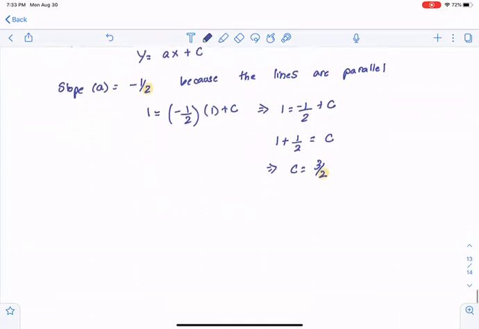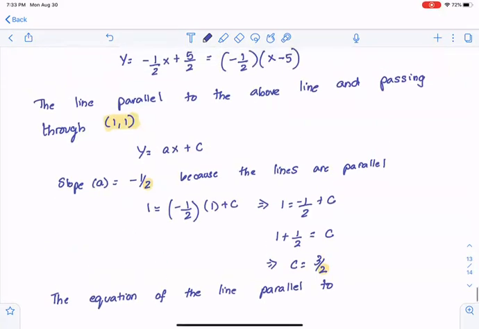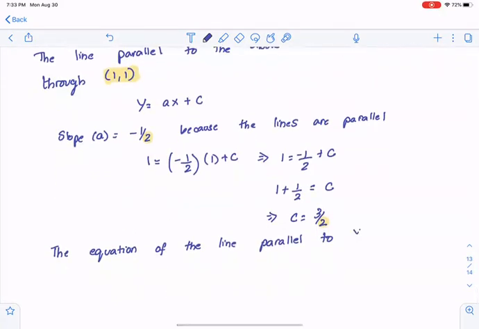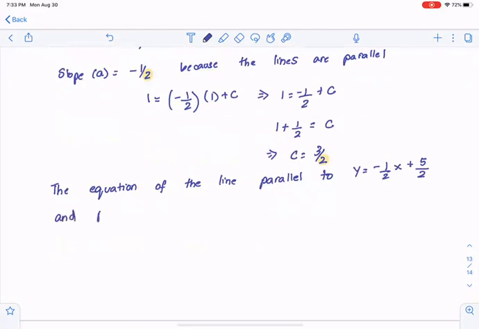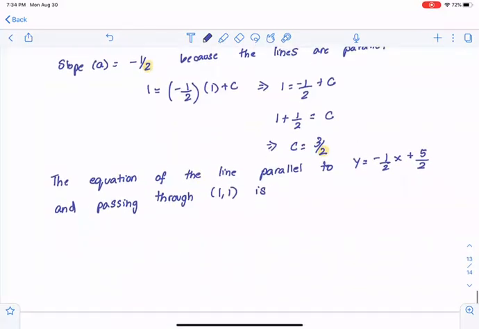So the equation of the line parallel to the one we found, y equals -1/2 x plus 5/2, and passing through (1, 1) is y equals ax plus c.